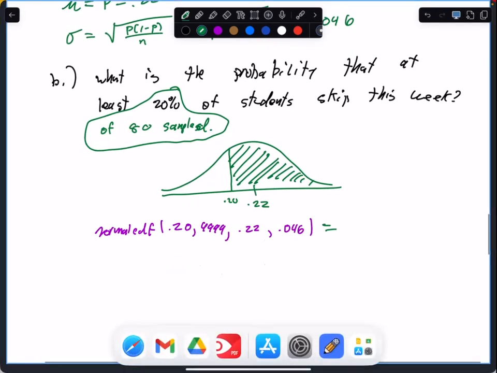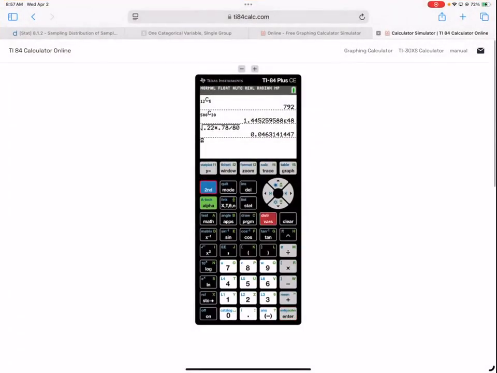And I go to my calculator. Second vars 3, second vars 2, clear, quit, second vars 2, 0.20, 9999, 0.22, 0.046, paste. 0.668.